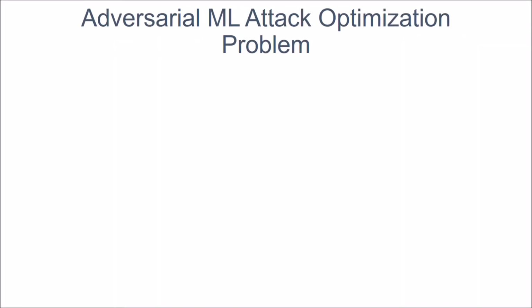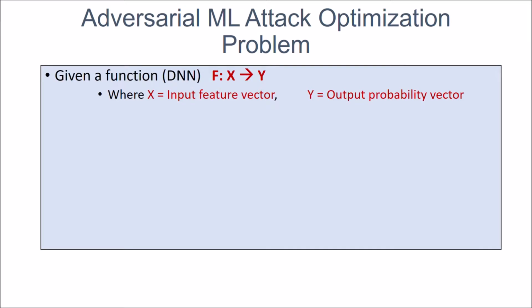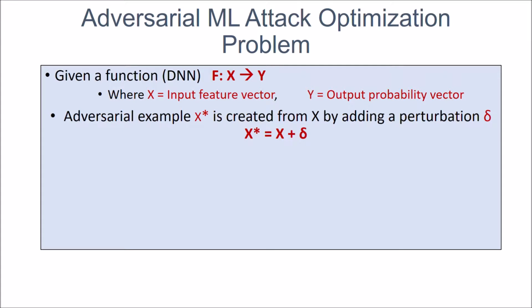So adversarial attacks on machine learning are a very big threat, and we intend to highlight this threat via this paper. Given a DNN, a function f, where we have an input feature vector x and y is an output probability vector, adversarial perturbation is created using the input feature vector and a perturbation in that vector.